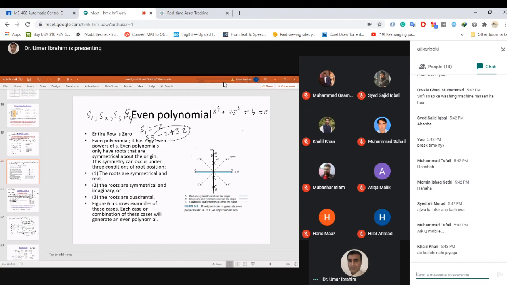So if this is the mirror image across the origin, and at the same time these two are complex conjugates of each other, you satisfy all the conditions, then this possibility is possible, otherwise not.